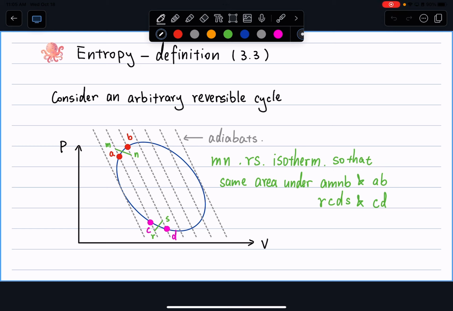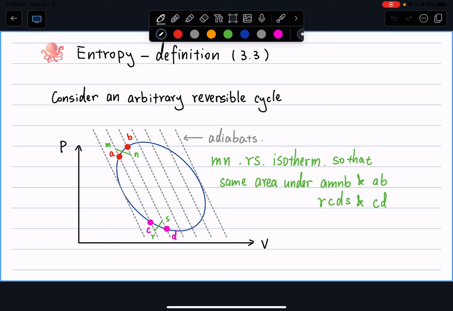When we say a state function, it only matters where your start point is and where your end point is. So naturally, from AB to AMB, you would have delta U_AB equals delta U_AMB. It is a state function, so we don't care how it gets from A to B.